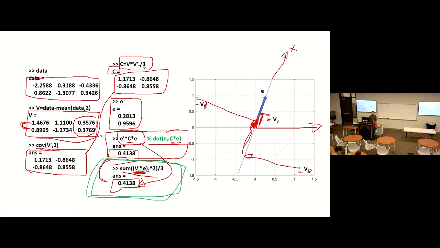Numerically, the number you got is the same as the one in this yellow box. So that's why you can use the covariance matrix in the center to compute the total variance of your data points projected onto the new axis.